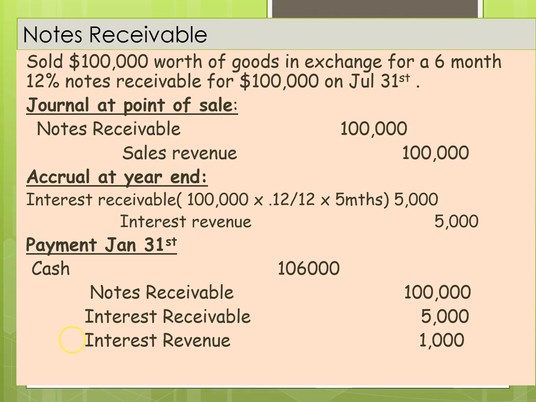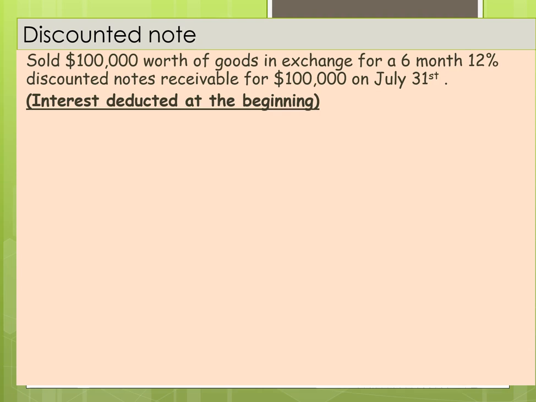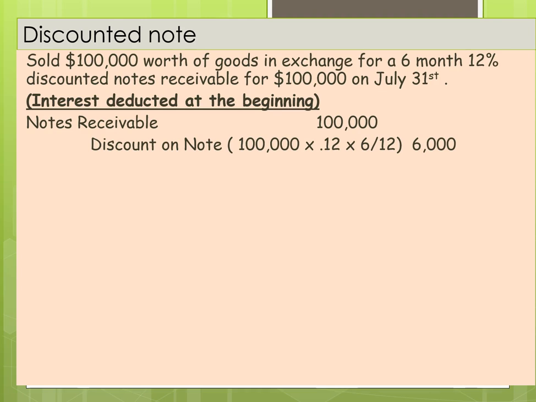Now what if we had the same note, but instead it was a discounted note? In this case, our interest is deducted from the actual cash or sales revenue at the beginning of the process. So we're only going to record $94,000 in sales, and the difference is going to be interest revenue.